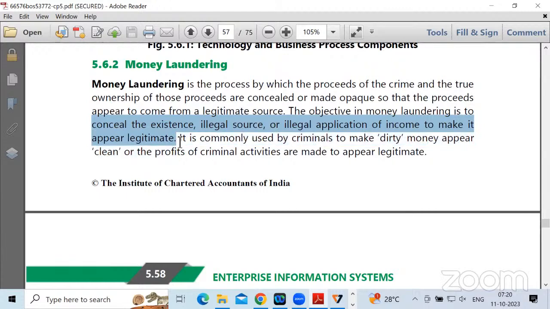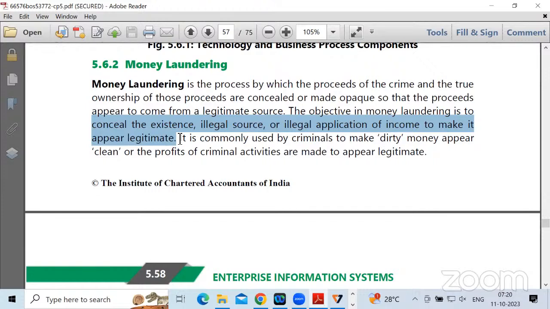You sell ganja, you sell drugs. Out of that, you earn 1 crore. How will you make this 1 crore accounted money? The Income Tax Act requires what? Money has to be accounted. So you cannot show it, because it is illegal income.